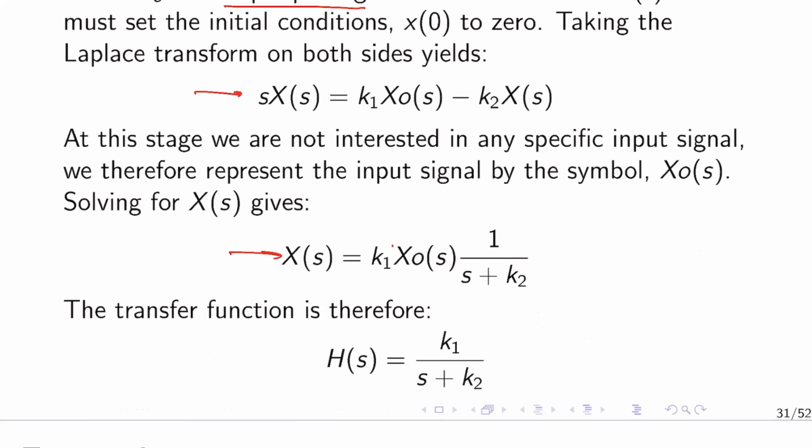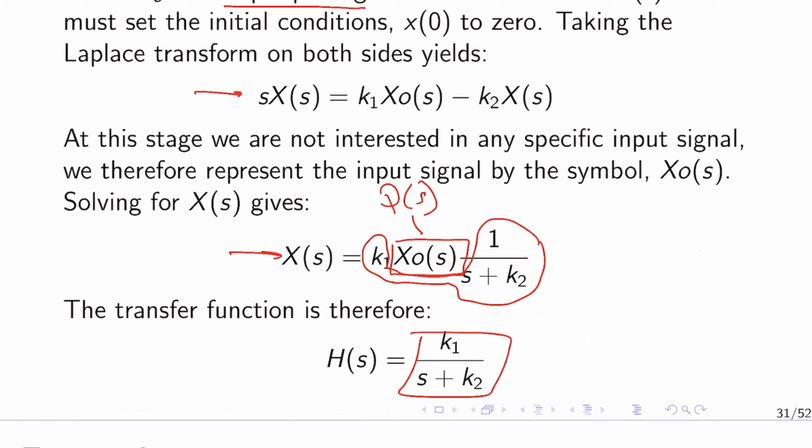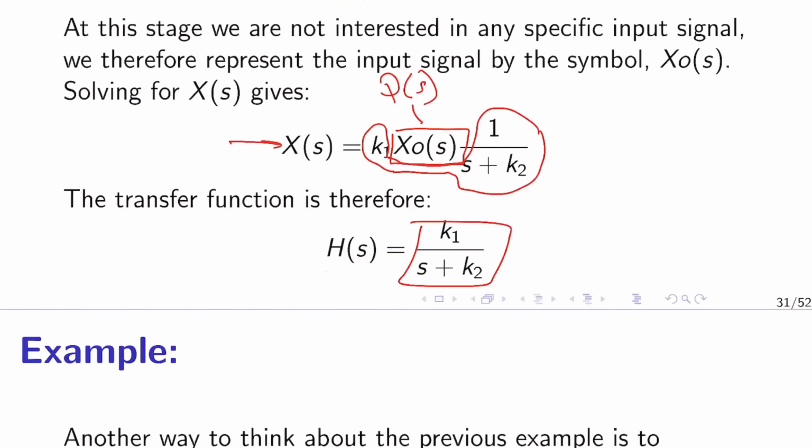This piece is the Q of S. This is an important point, because the actual transfer function is this bit. So the K1 is part of the transfer function, and the X of S is actually the Q of S.